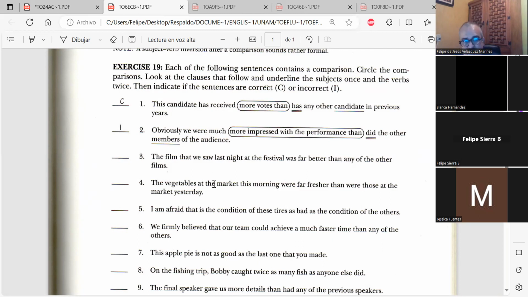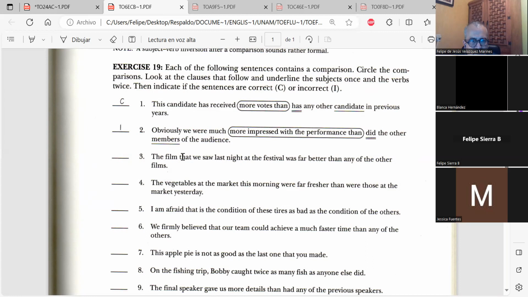Okay, Felipe, number 3. The film that we saw last night at the festival was far better than any of the other films. Informally speaking, "any" is fine; formally speaking, it is incorrect.